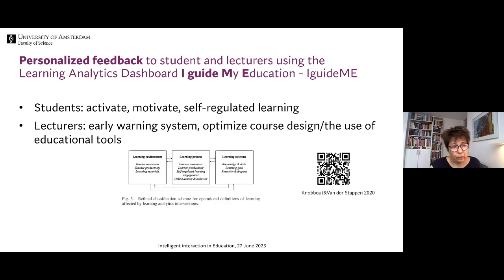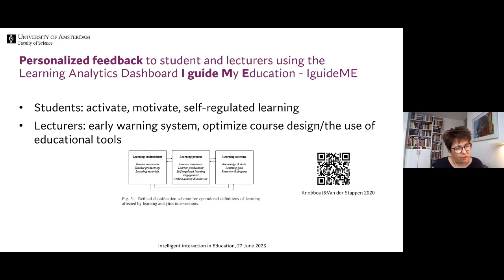It is known from the literature that there is a lot of research done on learning analytics, of course, but from this PhD research, there was a lot of literature read. We know that there are 3 elements that are important for success: the learning environment, learning process, and learning outcomes, which can be analyzed by learning analytics.